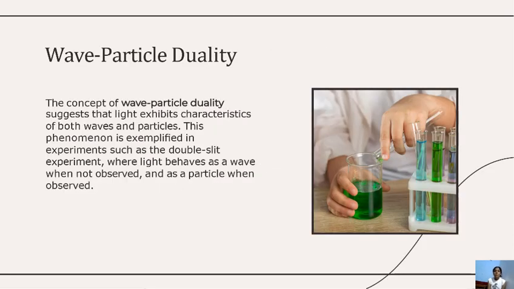Let us see what wave-particle duality is. This concept of wave-particle duality suggests that light exhibits characteristics of both waves and particles. This phenomenon is exemplified in experiments such as the double-slit experiment, where light behaves as a wave when not observed and as a particle when observed.